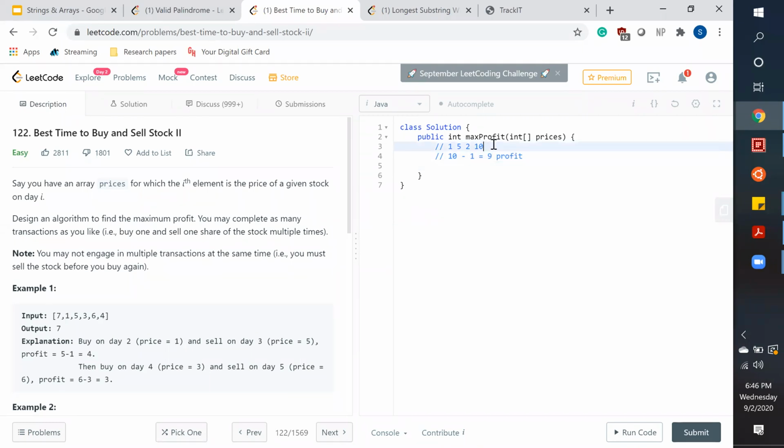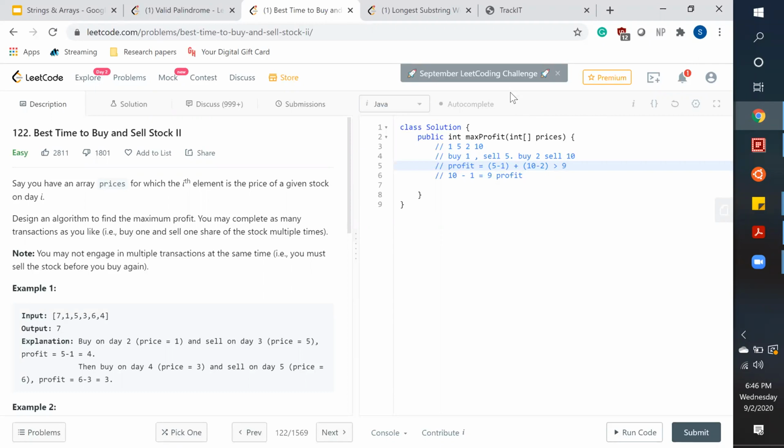But what if I do something like this? I buy 1, sell 5, and then I buy at 2 and sell at 10. Then my profit is 5 minus 1 plus 10 minus 2, which is definitely greater than 9. So think about buy the dips and sell at peaks.